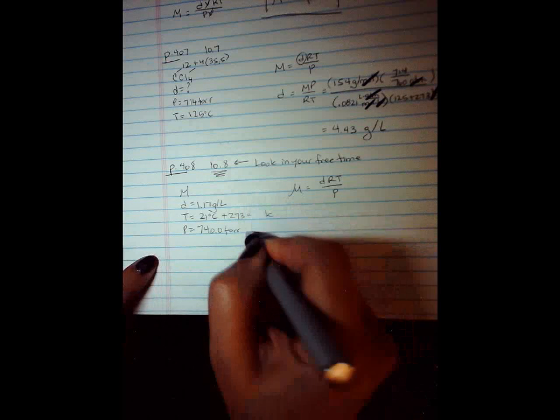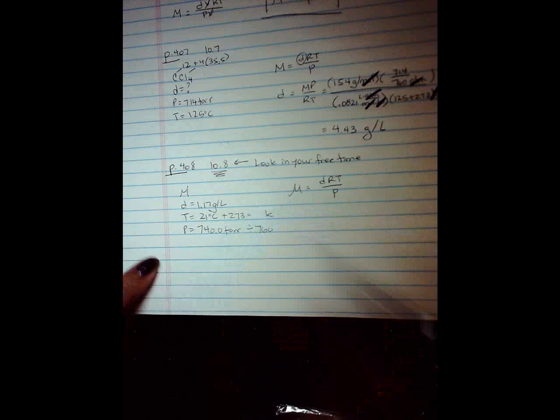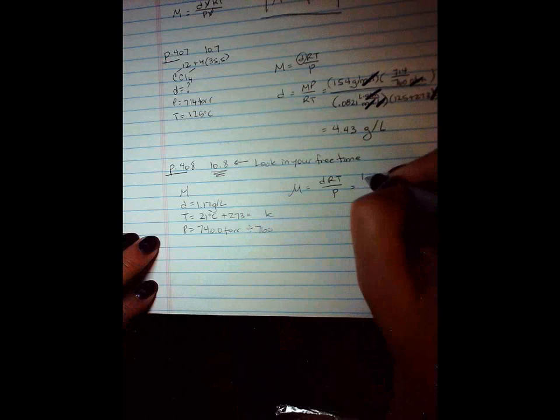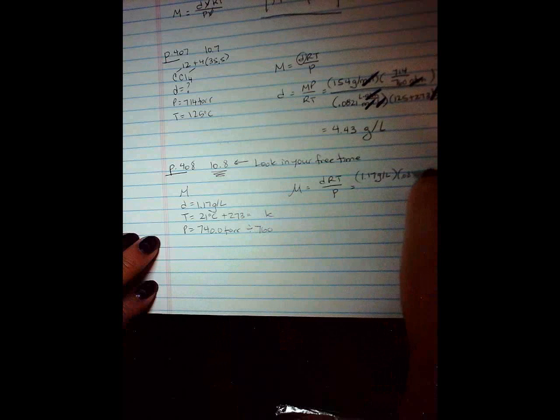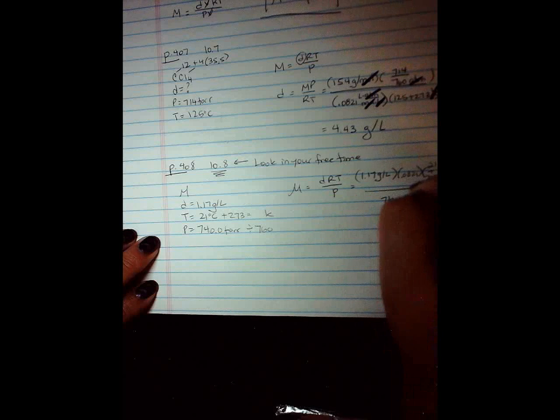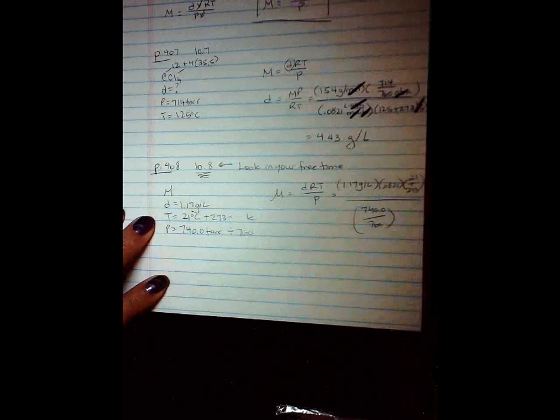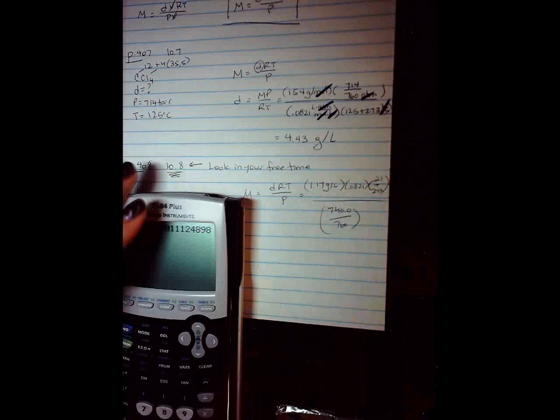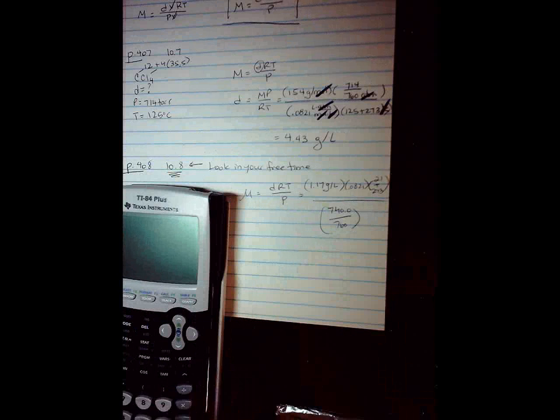Atmospheres. So what are you going to do to get it to atmospheres? Divide by 760. So let's substitute in here. 1.17 gram per liter times 0.0821 times the temperature of 21 plus 273 over a pressure of 740.0 over 760. So I go ahead and do the conversions all in my calculator at the same time that I'm substituting.